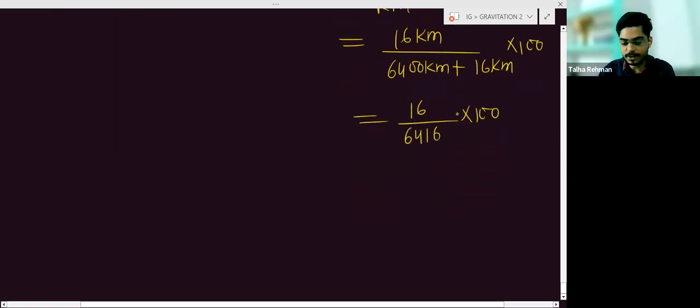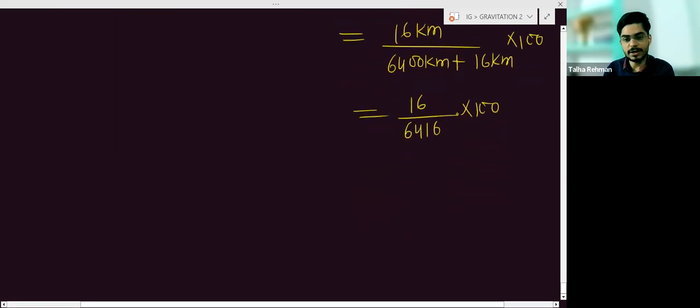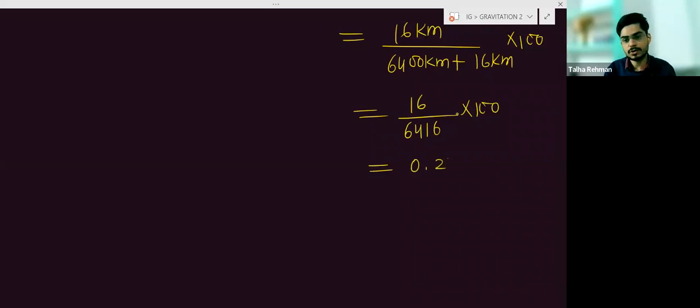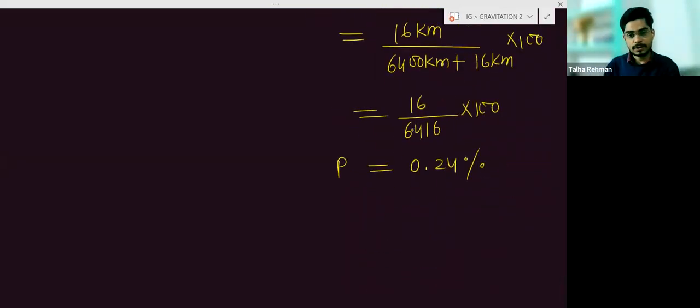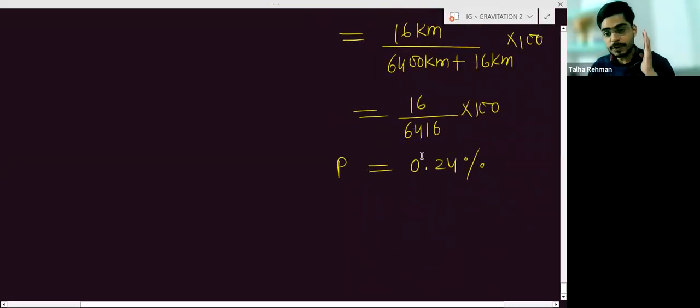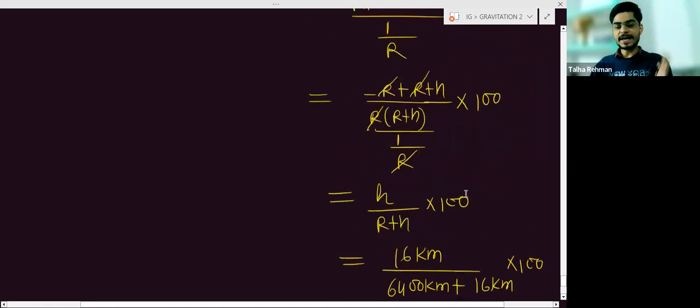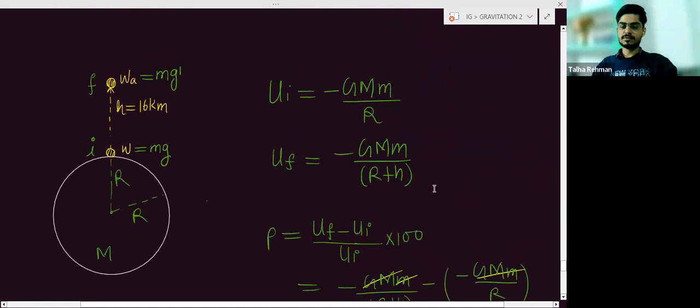When you calculate this by the calculator, you will get 0.24%. So it means the change in potential energy is coming out to be positive. Percentage change here is positive, means potential energy is increasing. Negative means decreasing. Positive means increasing.